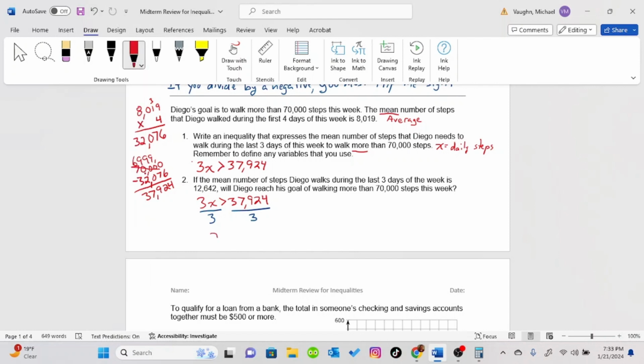So now we have x must be greater. 3 goes into 3 once. 3 goes into 7 twice with a remainder of 1. 3 goes into 19 6 times with a remainder of 1. 3 goes into 12 4 times, and 3 goes into 4 once with a remainder of 1.